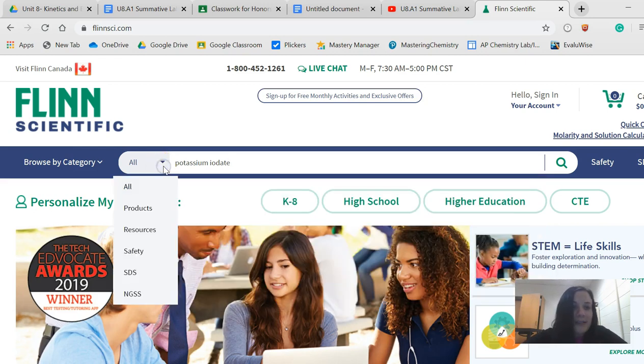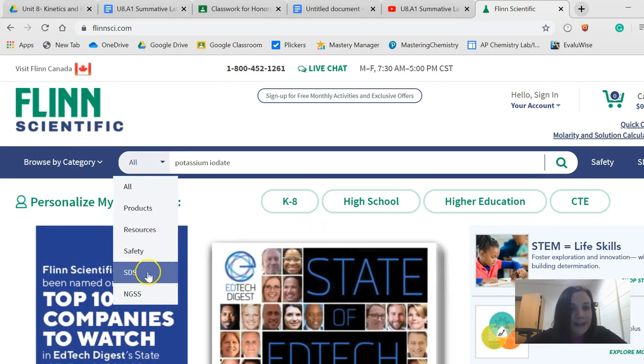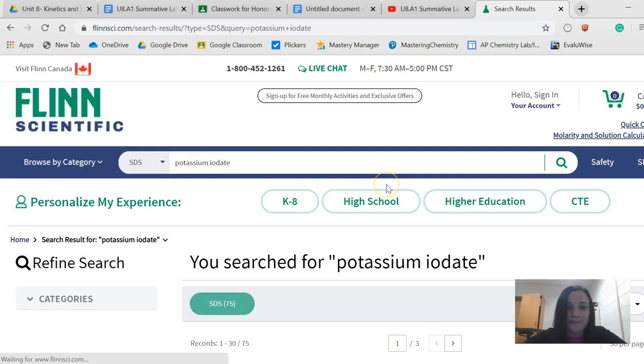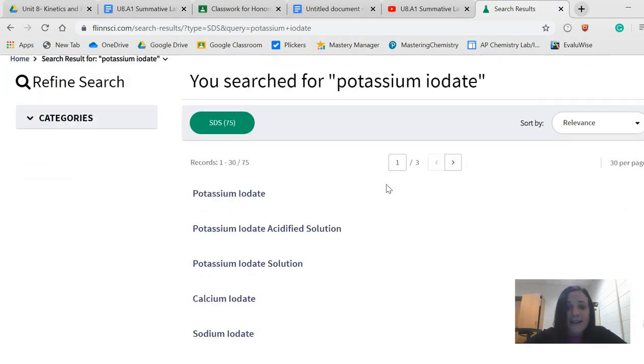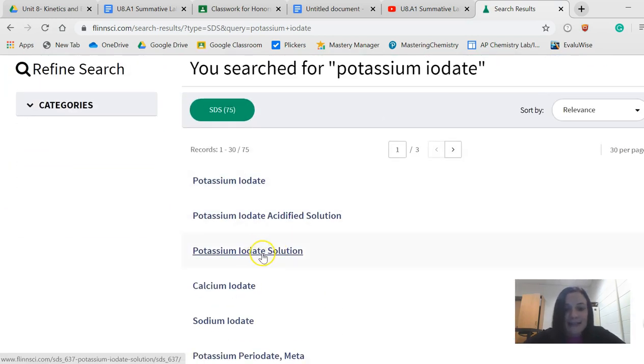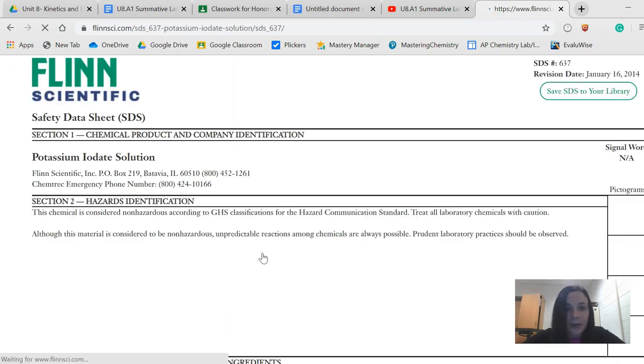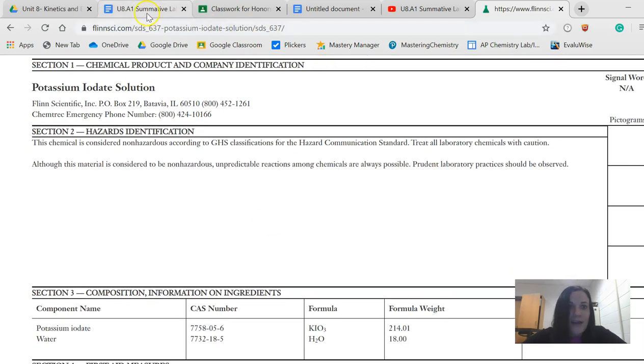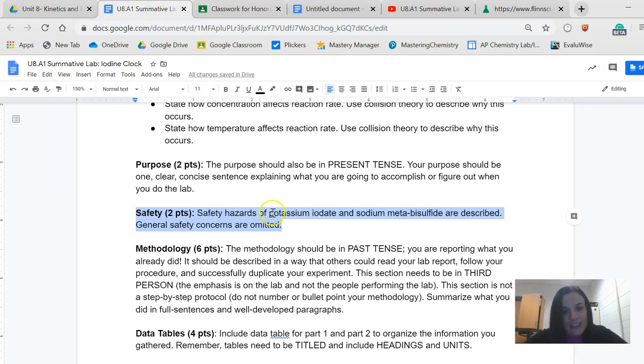So what we want to do is click on that drop down arrow and change it to SDS. SDS stands for Safety Data Sheet. Now if I search potassium iodate, it was in a solution form, this will bring up the safety data sheet. We want to do that for 2 of the chemicals, potassium iodate and also the sodium metabisulfite, which was part of solution B.